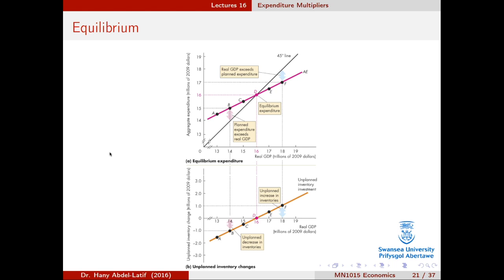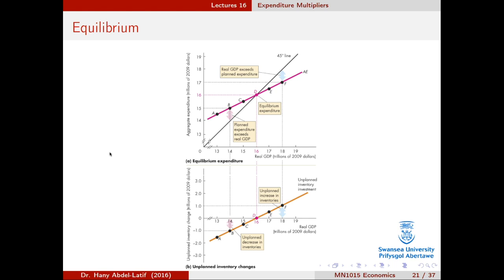Let's say what we spend, or what we plan to spend, does not equal what firms produced. So that means they're not going to be able to sell all what they produced. Where is the rest going to go? It's going to go to their inventories. So they're going to keep it.